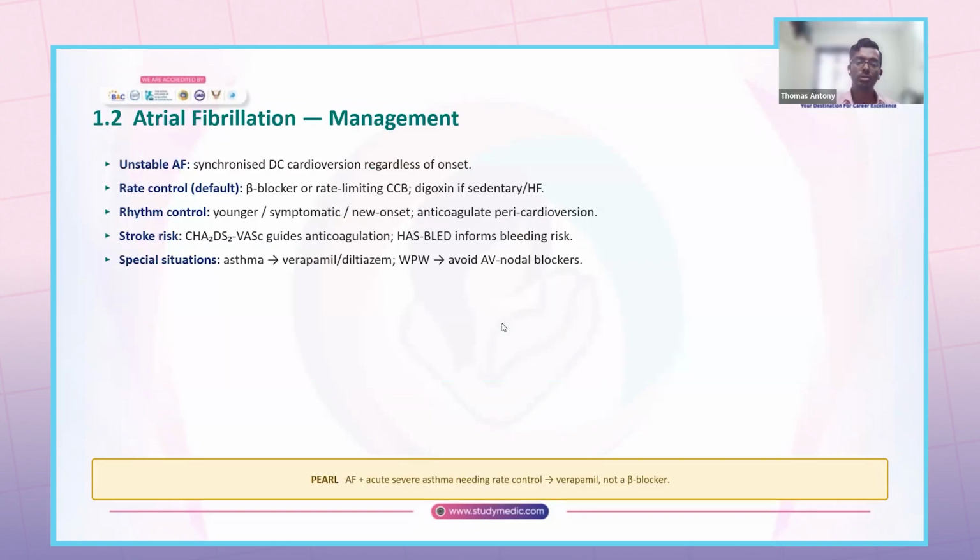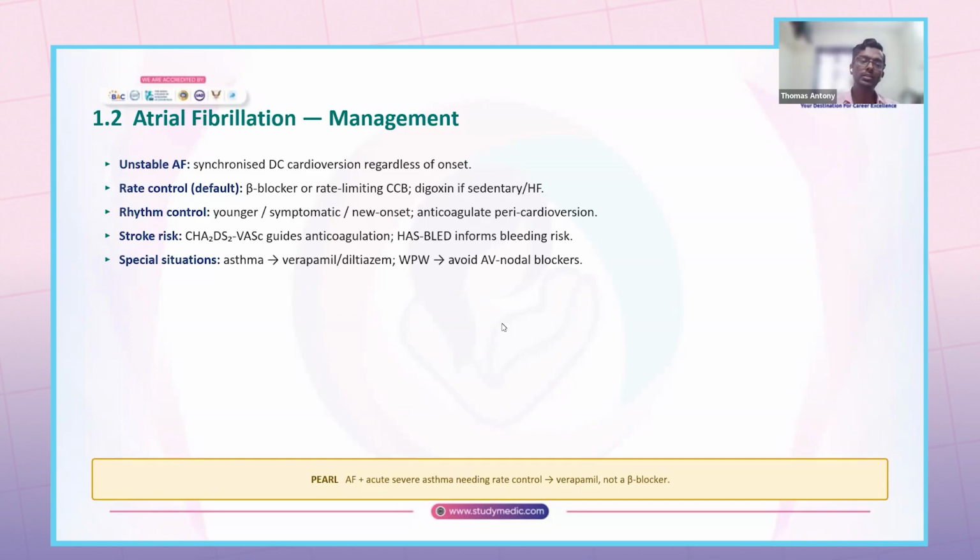Okay, so coming to atrial fibrillation, we have unstable AF, which needs synchronized DC cardioversion regardless of the onset. This is what we have been discussing. So if you have an unstable AF, you have to go for a synchronized DC cardioversion.